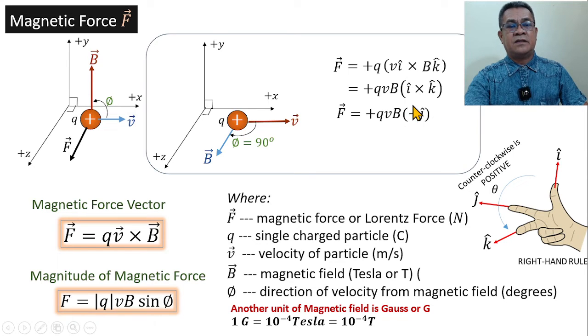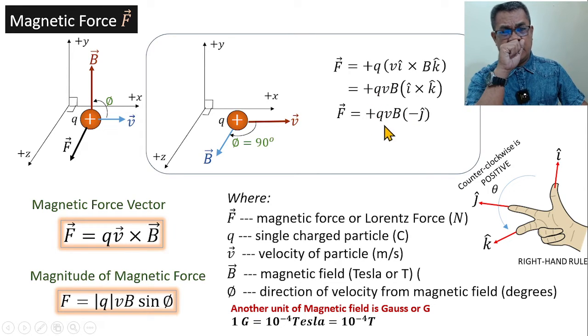Therefore, the answer is the product of the three scalars, Q, V, and B. Take note that V is already a scalar because it's a magnitude. Magnetic field B is also a magnitude, and we can multiply these. And remember, Q is positive in this problem, but if it is a negative charge, the input is negative.